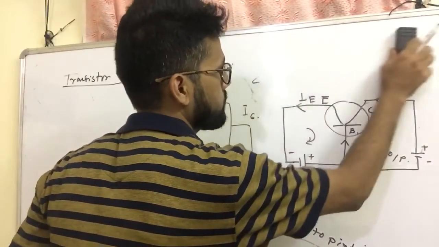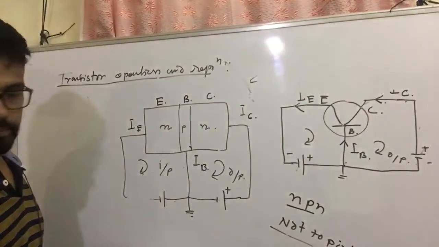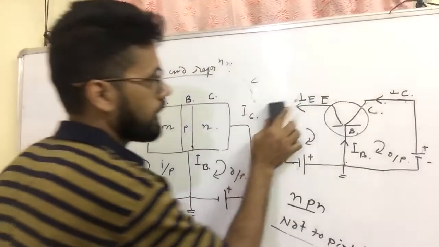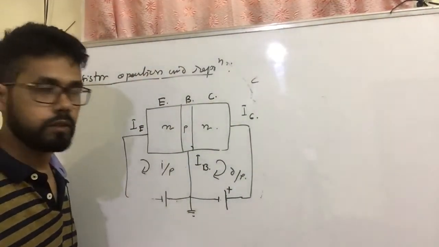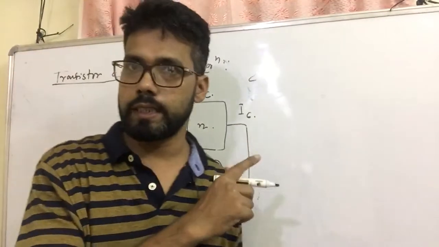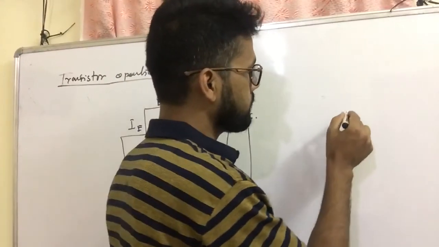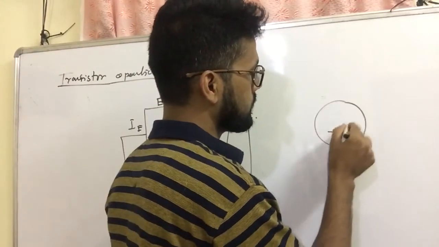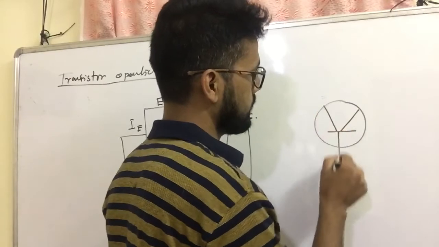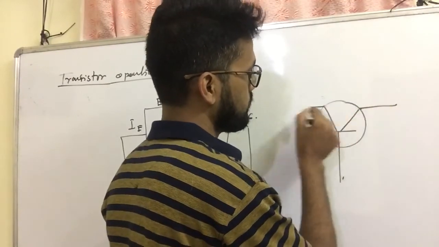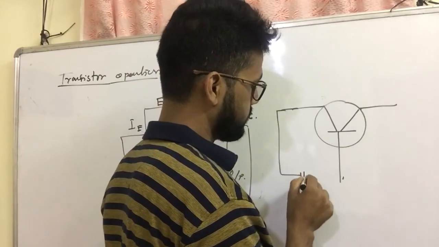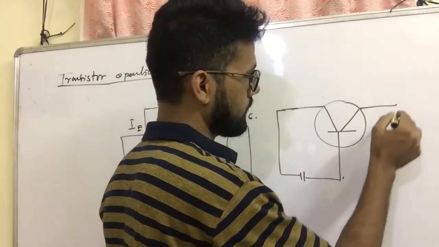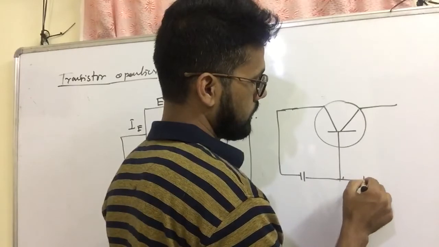This is the representation. Suppose, again, I'm removing this. This is in the case of an NPN transistor. Once you see the direction, again, this is a transistor representation. Suppose I am giving a circuit. I'm not telling anything.